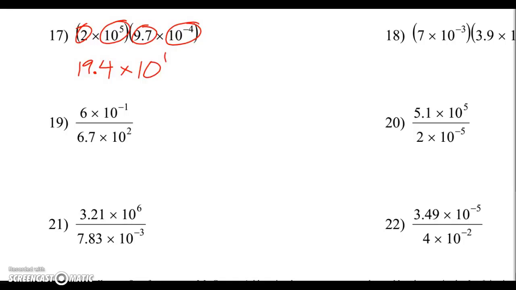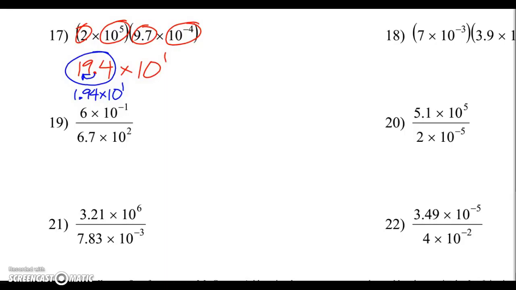So one of the best things that you can do here, we talked about different ways that you can figure out how to put this into correct scientific notation. Well, let's just turn that number right there into scientific notation. This would be 1.94 times 10 to the 1st power, right? If we move that to where it needs to be.